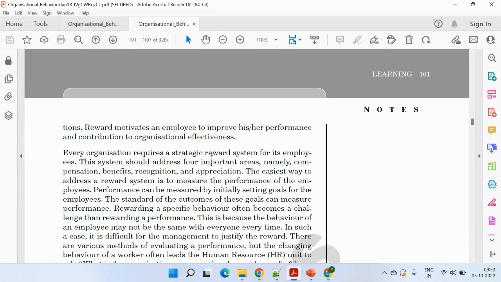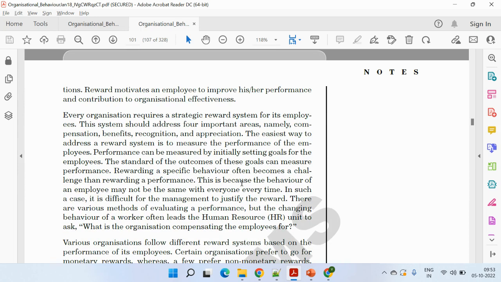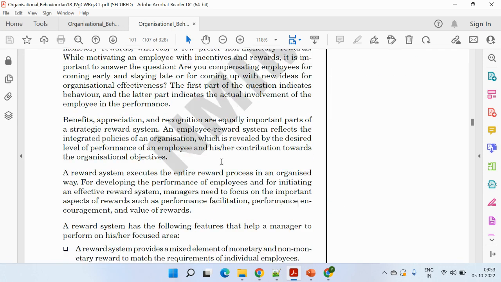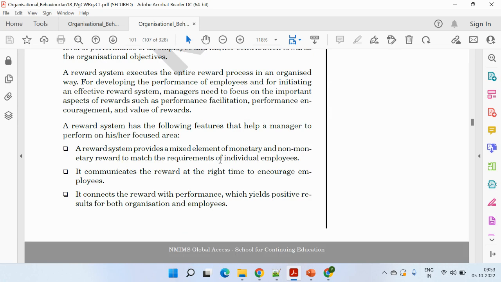Every organization has a different strategic reward system for its employees, maybe in the form of compensation, benefits, recognition, or appreciation. So you can explain all these things. The reward system has certain features: it provides a mixed element of monetary and non-monetary parts.